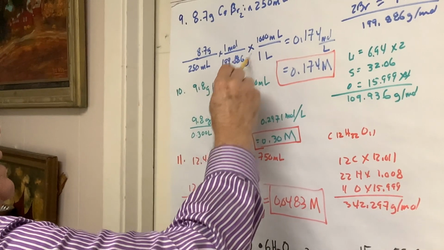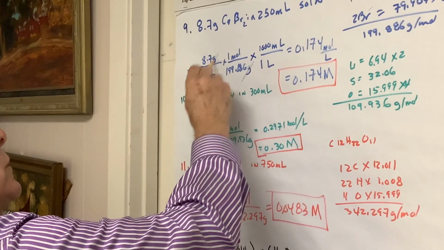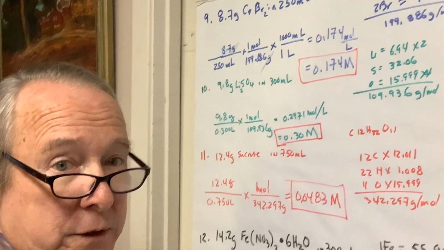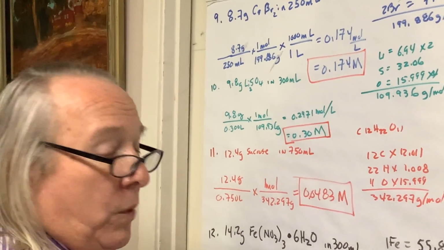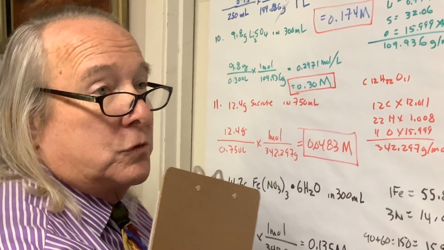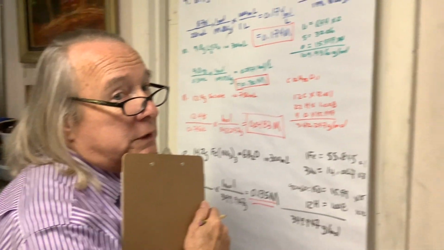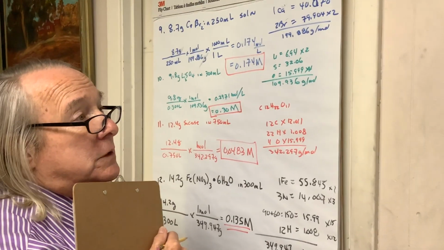Now my grams cancel and I'm left with moles in the numerator, which is what I want in the end, because it asks what is the molar concentration. Molar concentration is measured in moles per liter.